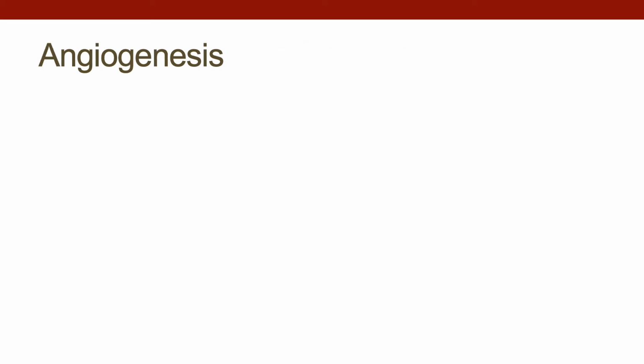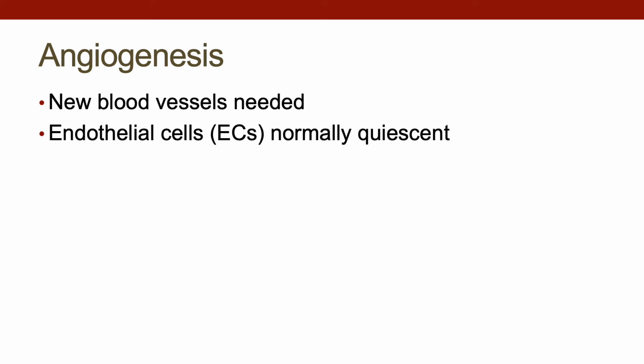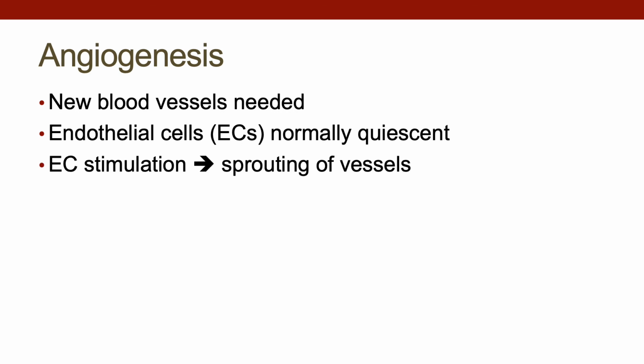So angiogenesis is the process of growing new blood vessels into the wound. They're needed because of disruption of the existing ones. Their endothelial cells are normally quiescent, but with stimulation, it can cause sprouting of blood vessels.